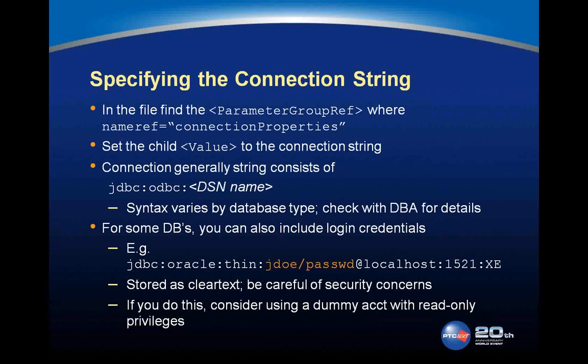So the typical case is going to be JDBC:ODBC: and then the DSN name that you gave it when you set it up in your data sources. However, some database types will use a slightly different syntax, so this is another one of those things where you need to check with your database administrator to make sure that you've got the connection string right.